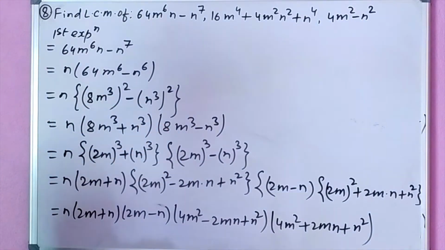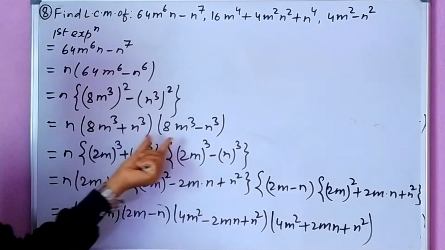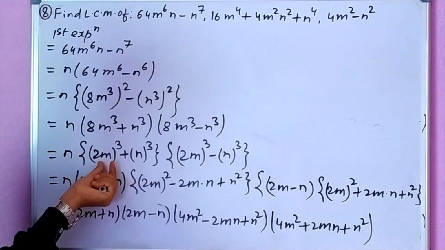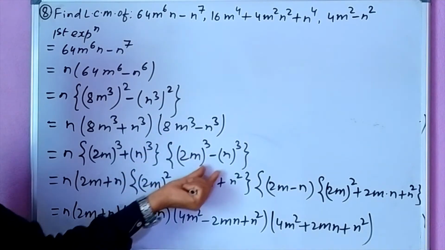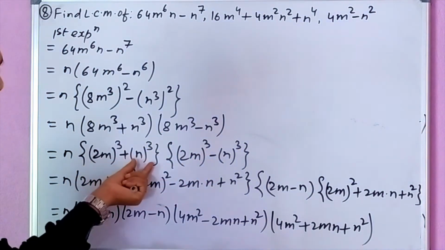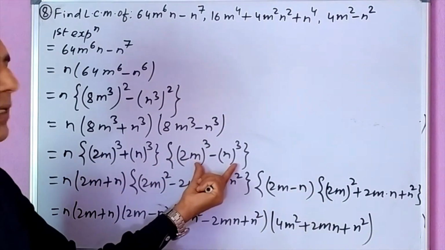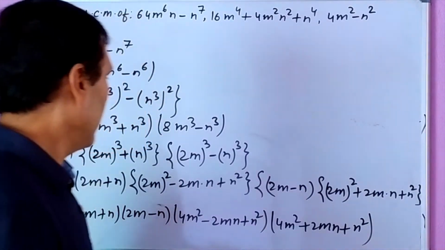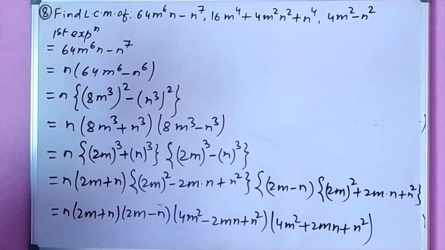So a plus b, a minus b. Now we have a cube plus b cube form here. Here we have a cube minus b cube, because 8m cube is the cube of 2m, and n cube as it is. Here also we have the same a cube minus b cube. So by using the formula of a cube plus b cube in this bracket and a cube minus b cube in this bracket, finally we get the factors of the first expression.